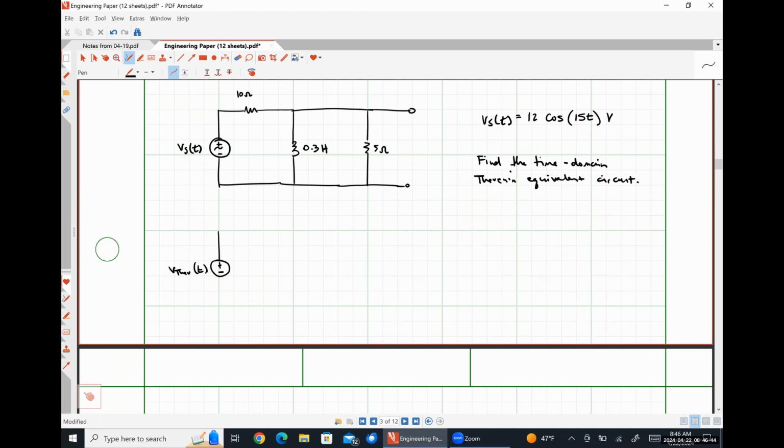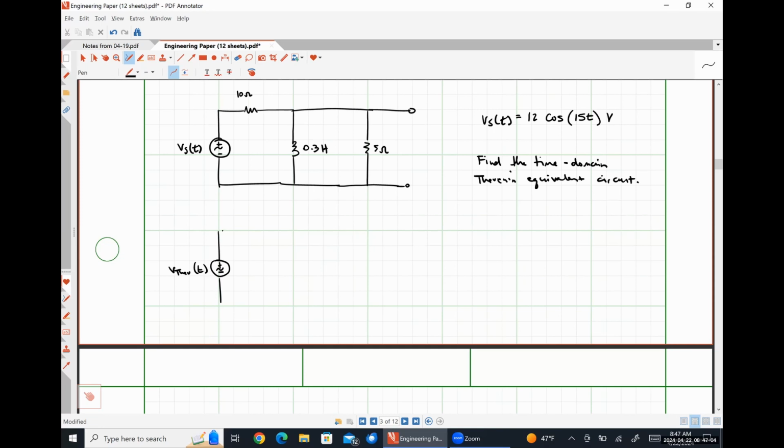Since we're in the time domain, it's going to be a time varying voltage. And then usually it would be connected in series with some resistance, right? If we're looking at a DC network. Well, we're looking at an AC network that's composed of resistances and an inductance.